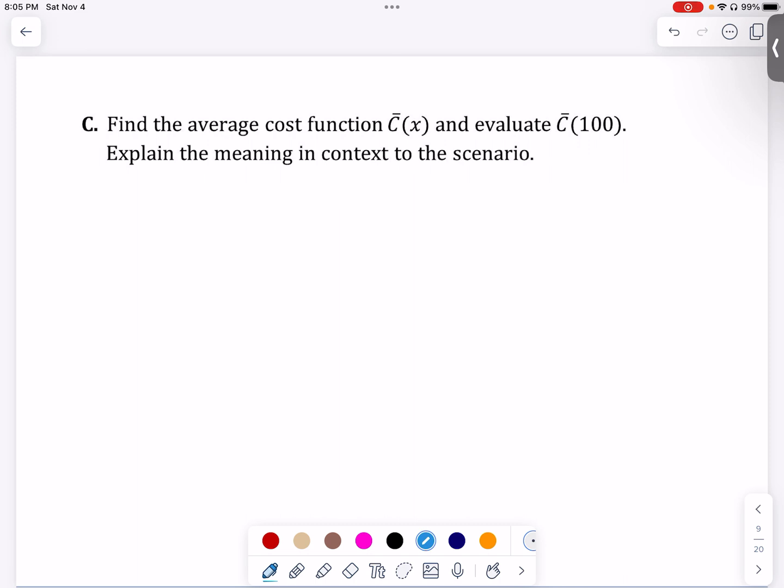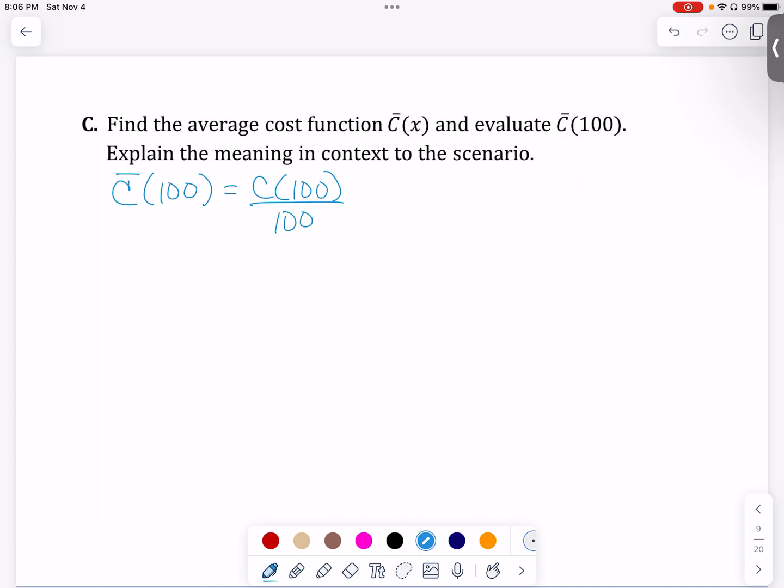Part C, continuing on, find the average cost C bar of X and evaluate C bar at 100. Explain the meaning in the context of this scenario. So to find C bar of 100, I need to find C of 100 and divide it by 100. So I can use my calculator.